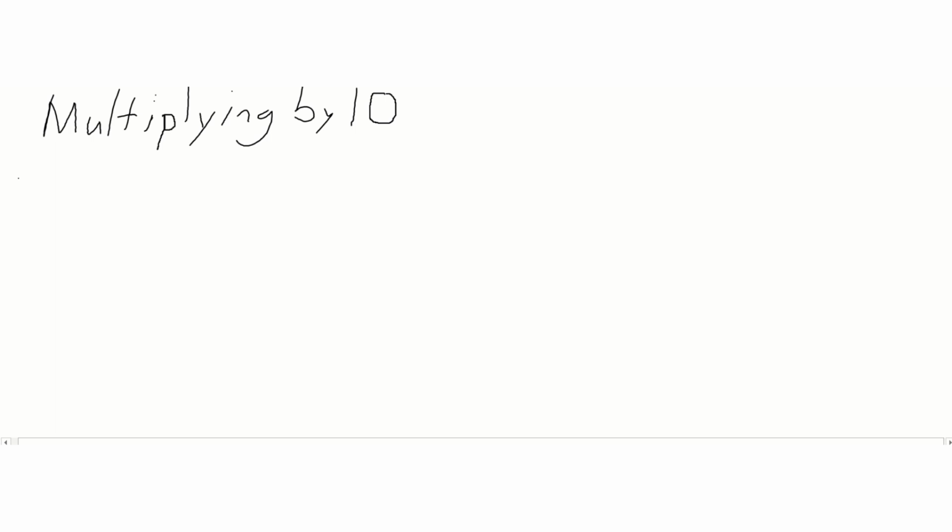So if I were to say 2 times 10, you keep adding 2 plus 2 plus 2 plus 2 plus 2 plus 2, and you keep adding 2's until you ended up with 10 of them that you're adding together.